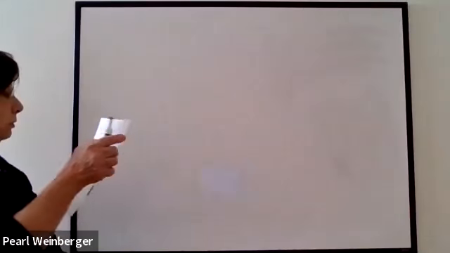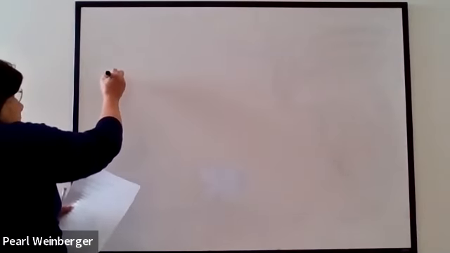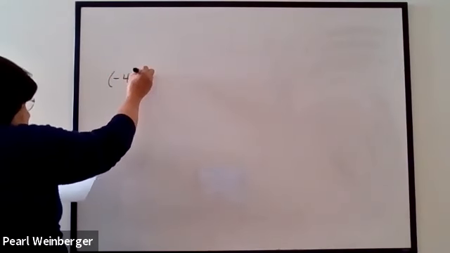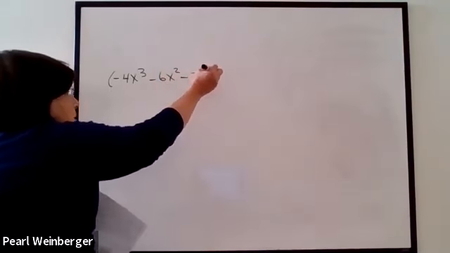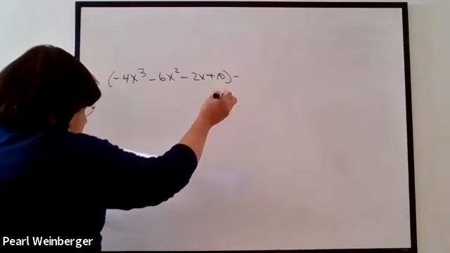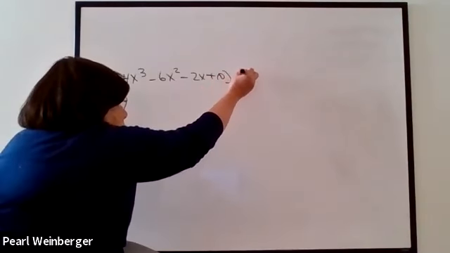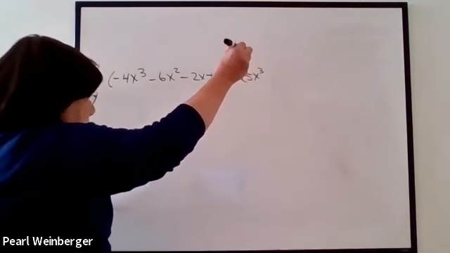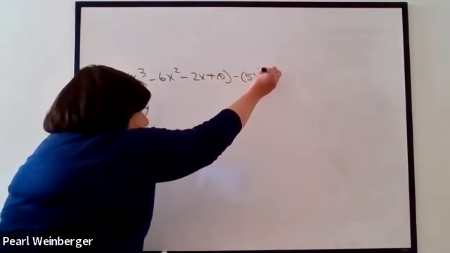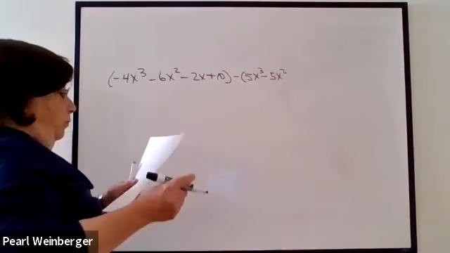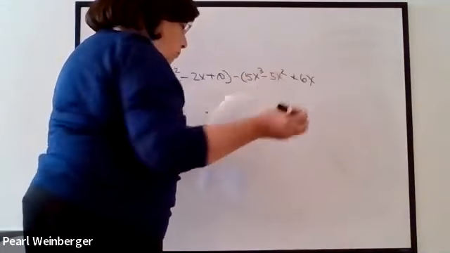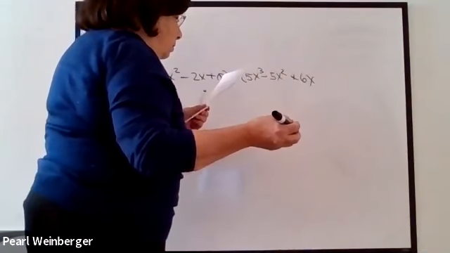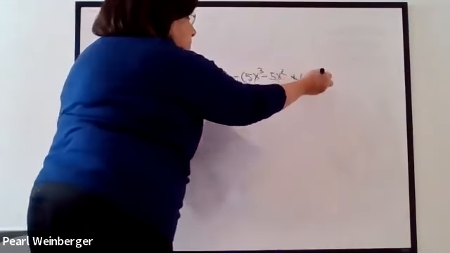Suppose I gave you this example. Negative 4x to the third minus 6x squared minus 2x plus 10 minus 5x to the third minus 5x squared plus 6x minus 7.